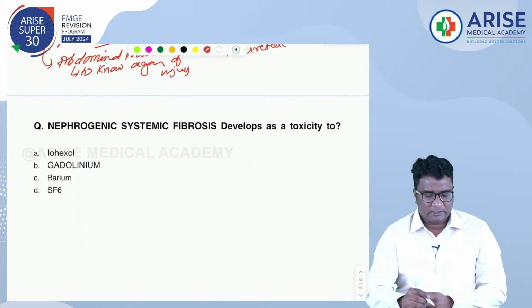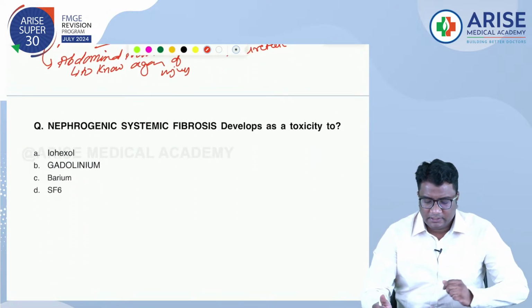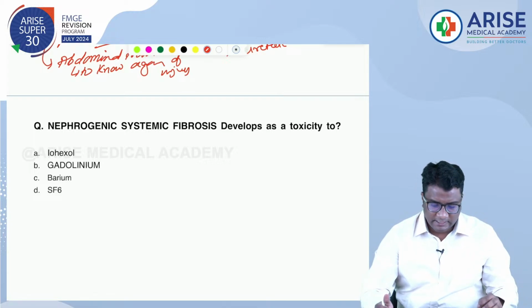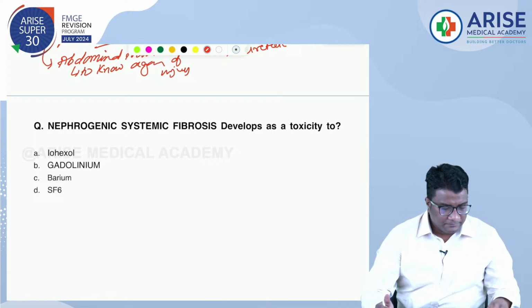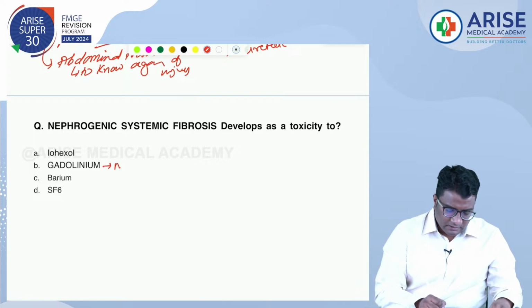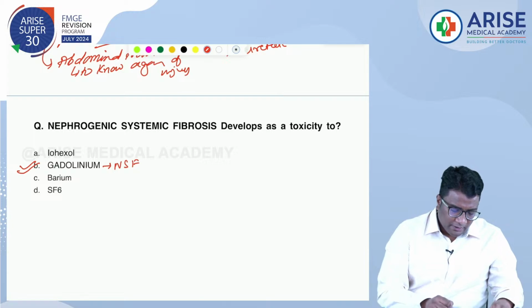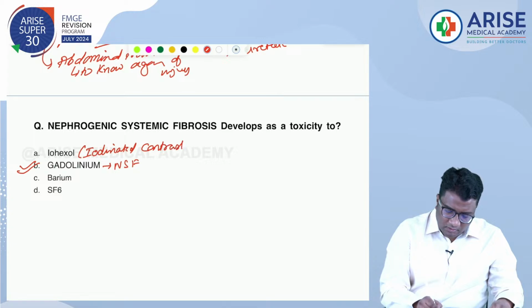Last one before we end. Nephrogenic systemic fibrosis occurs as a side effect of which one? Very good. So NSF is a problem that occurs with gadolinium. Okay, gadolinium. Iohexol or iodinated contrast are known to produce contrast-induced nephropathy.